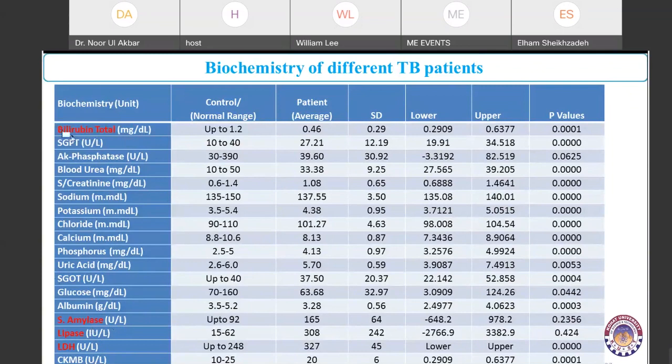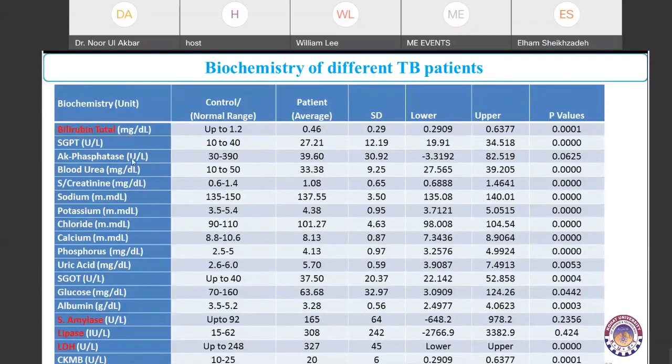So this is very important, and it is necessary for the TB patient that the bilirubin and amylase biochemical tests be performed before the treatment and other findings of complication. Similarly, the lipase, which is 15 to 62, we observed 308 in the patients on average. So this is also important to be checked before other treatment. As well as the LDH, which is up to 248 in normal, but we observed 327 on average.